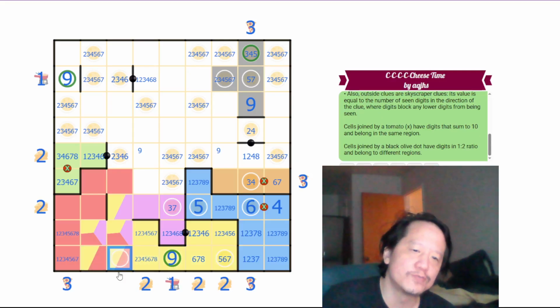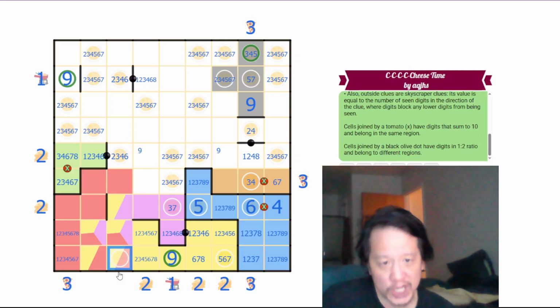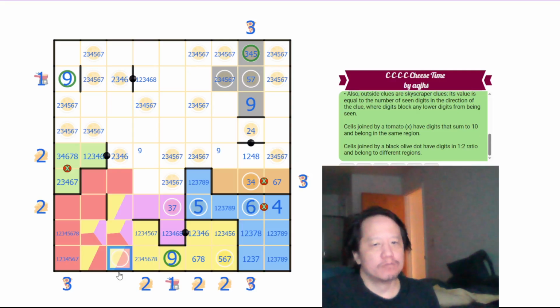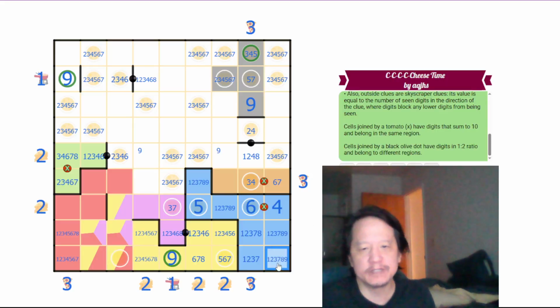If this is red, it would be 3, which is possible. 9 eliminates 9 from being here.